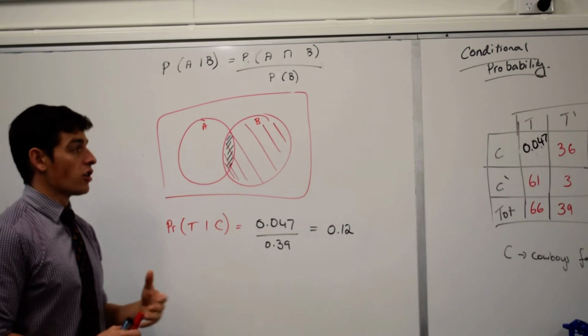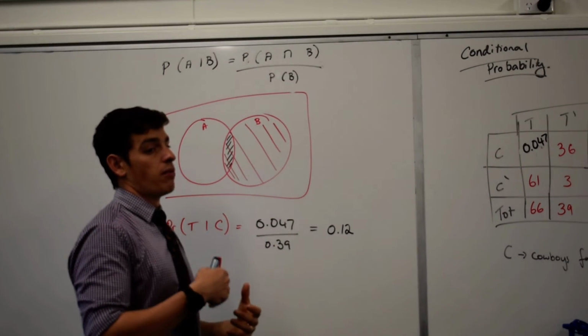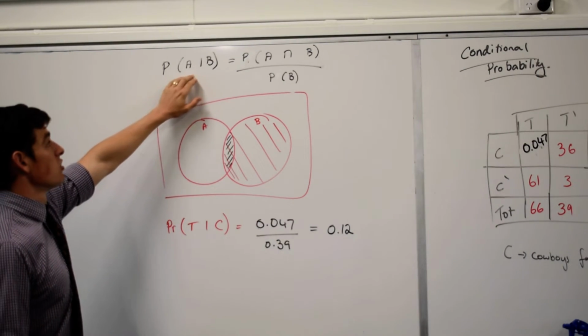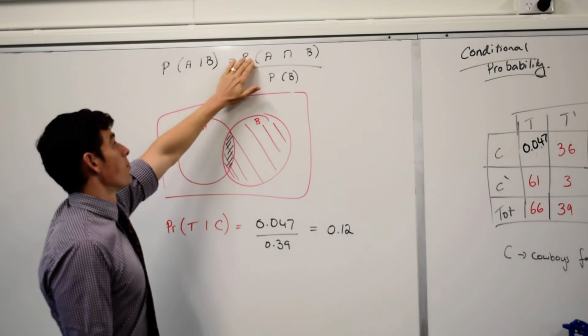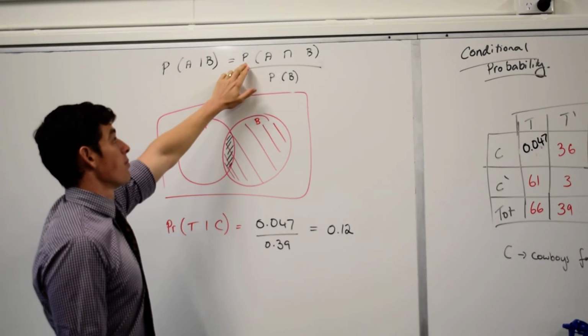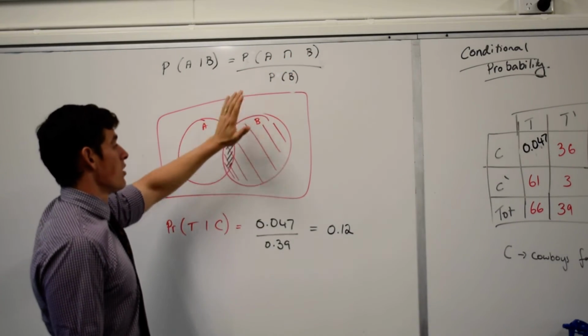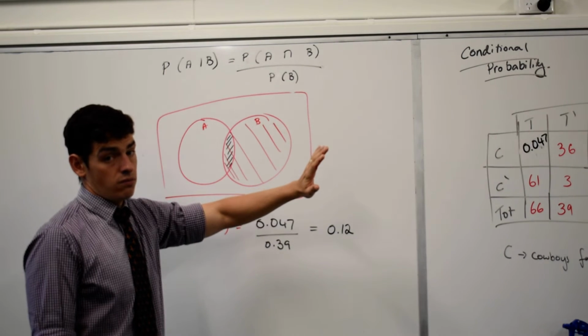Cool? Conditional probability is just saying I know one of the pieces of information, what's the probability about the other. If we look at this Venn diagram and this equation, so this is the equation for conditional probability, you might want to write that down. The probability of A given B is simply the probability of A and B together, so that middle section, divided by the entirety of B. Good?